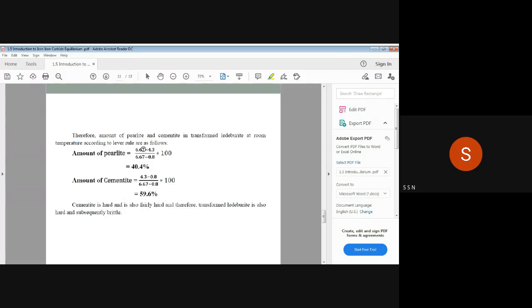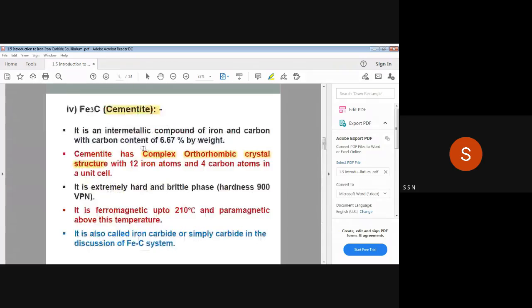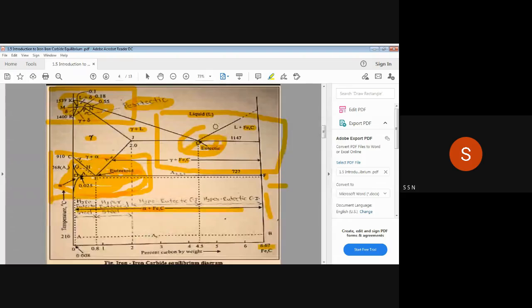ह्या डायग्राम मध्ये कुठे मेन डायग्राम मध्ये iron and carbide. So here is a liquid phase. So that liquid phase of iron and iron carbide is cooled at constant temperature. Whenever it reaches the temperature 1147, it starts to convert into solid phase.